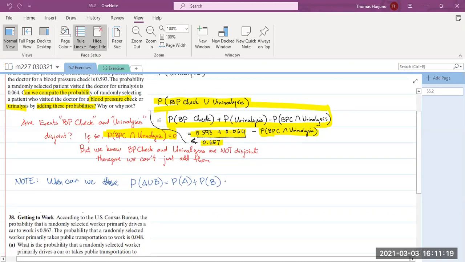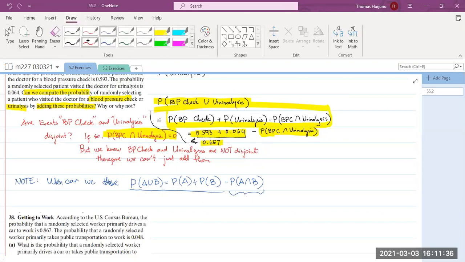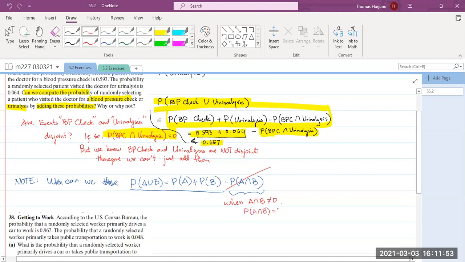We know in general the formula is probability of A plus probability of B minus probability of the intersection, right? So when can we use this only, without this? That is when A intersection B is the empty set, therefore the probability of that intersection is 0.